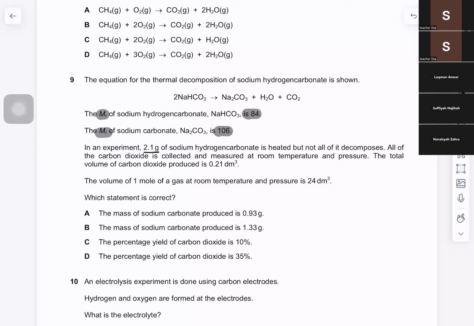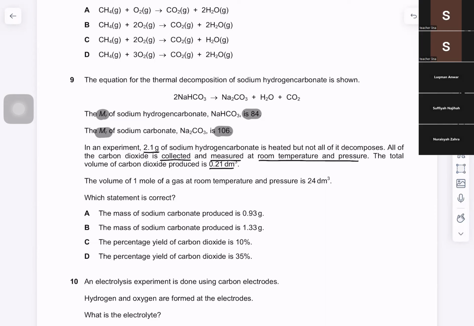All the carbon dioxide is collected and measured at room temperature and pressure. So the total volume of carbon dioxide produced is 0.21.